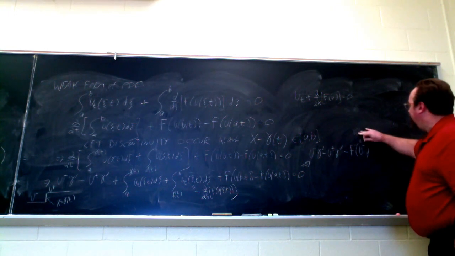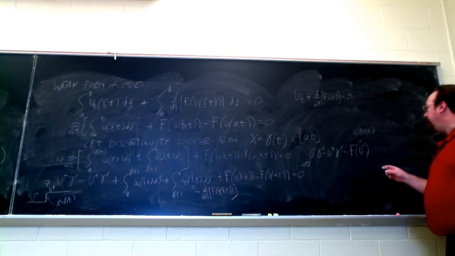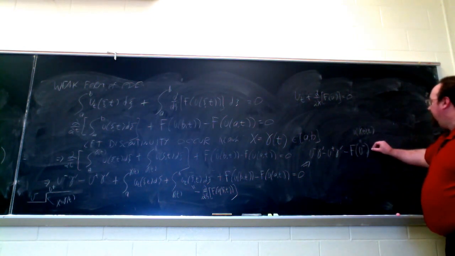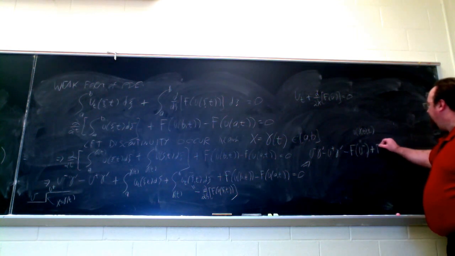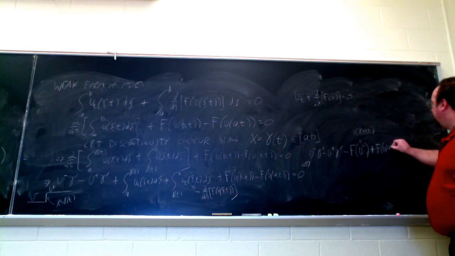That's u of gamma of t, right? From the left side. And then I have minus a minus makes a plus, big F of u of a,t.